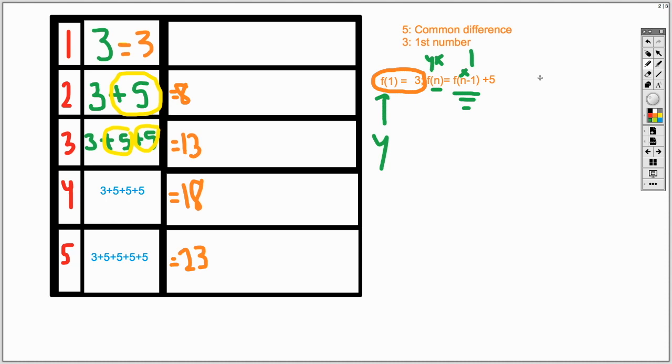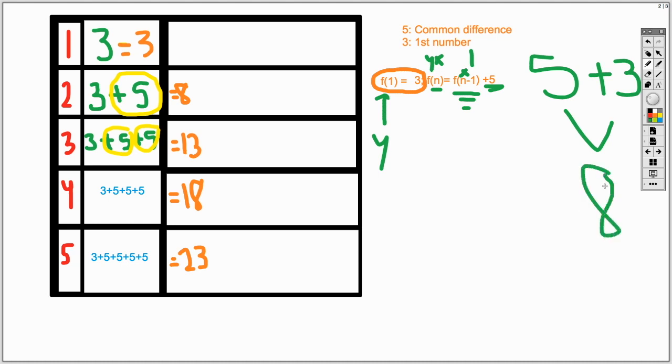If we want the quick way, we just multiply 5. So it would be 5 times 1, which is 5, plus 3, which is 8. So that is, in reality, our second number.